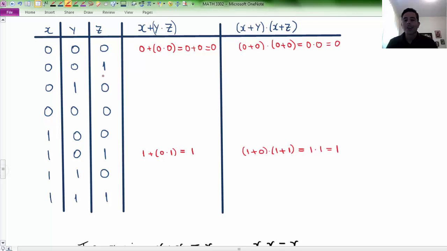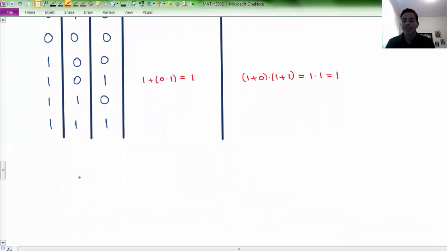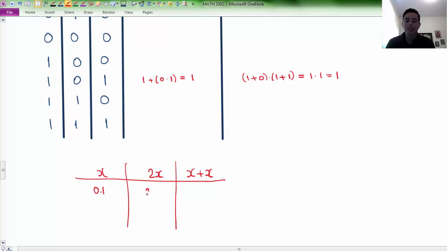We couldn't do that, for example, in regular algebra, if we have something like 2x and x plus x. If x is 0.1, this is 2 times 0.1, and this is 0.1 plus 0.1. Okay, this is 0.2, this is 0.2, good.